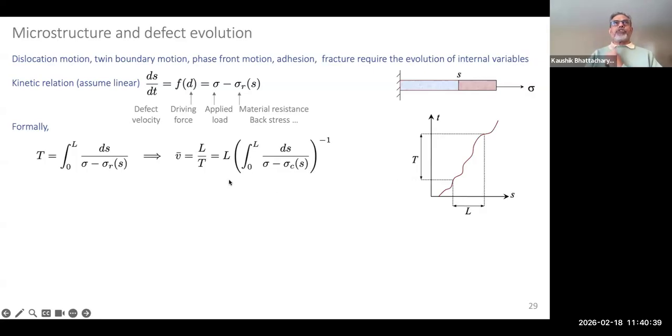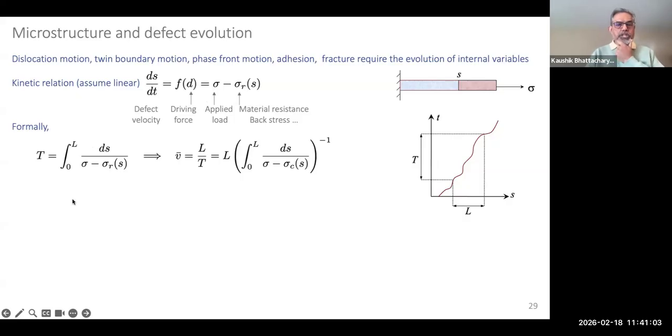Now there's something very strange that actually happens. When I integrated it, basically I assumed that sigma was always greater than sigma r, right? It was ds dt, so I wrote it as ds divided by sigma minus sigma r equals dt, and integrated it.